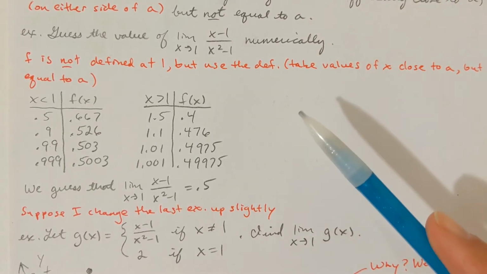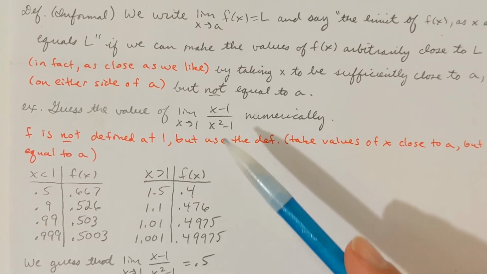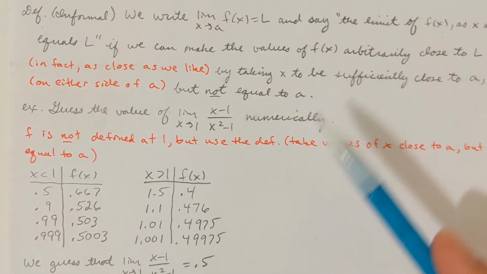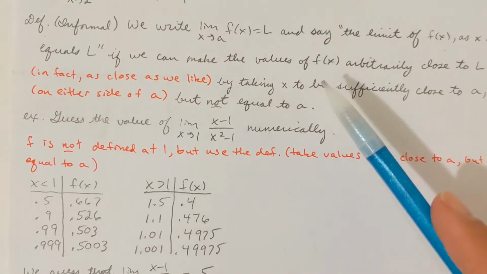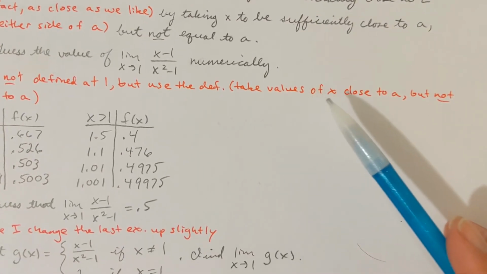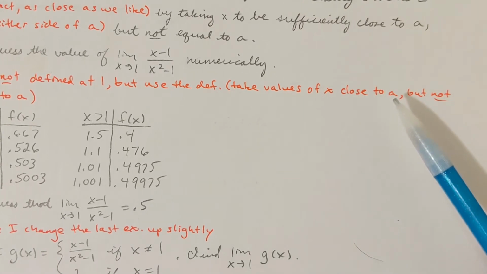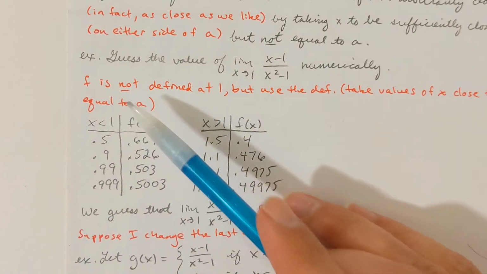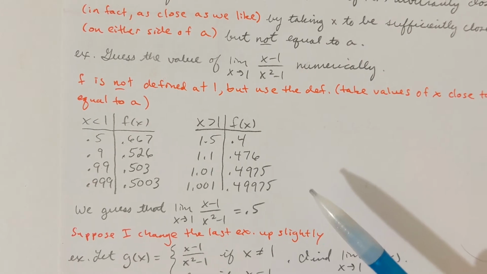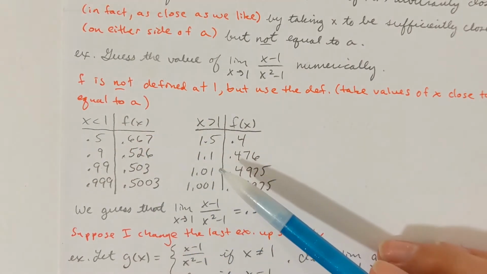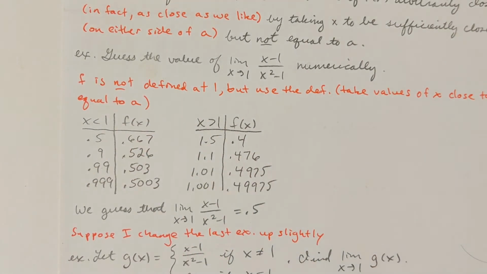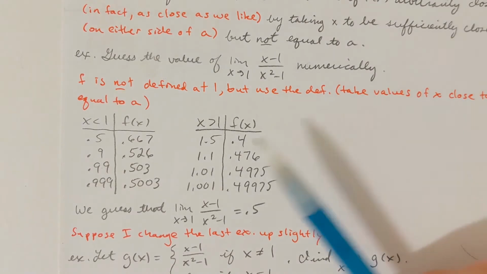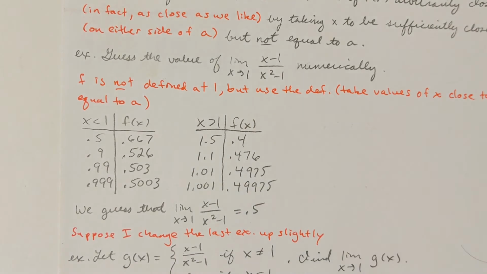But we don't care about that. We don't care what's happening at 1. We care what's happening around 1. So let's use the definition. Let's take values of x close to 1 in this problem, but not equal to 1. So I've got my table set up here, and I've selected values that are less than 1 and then values that are bigger than 1.